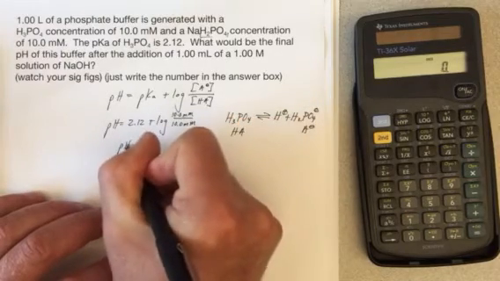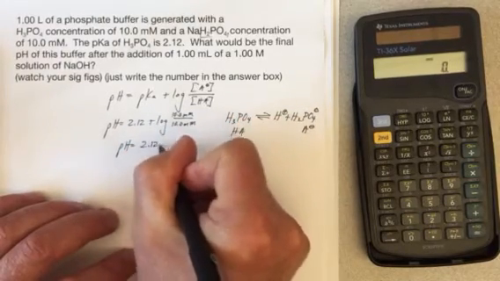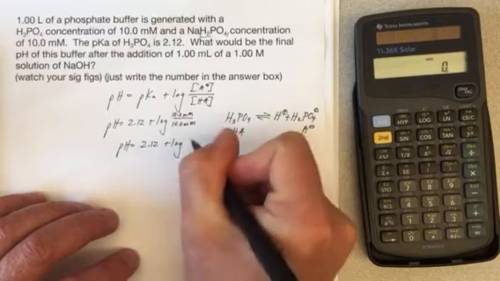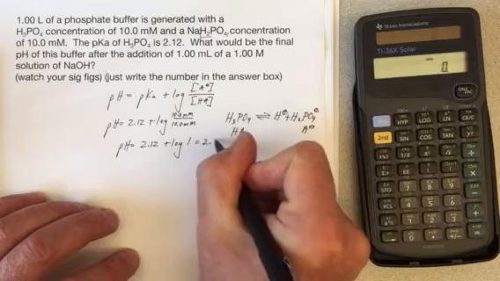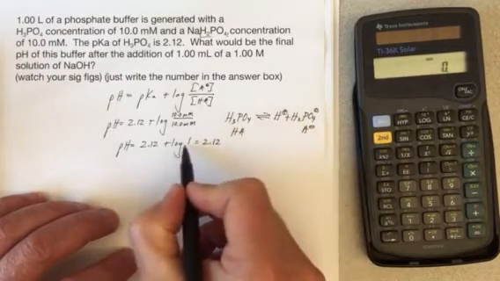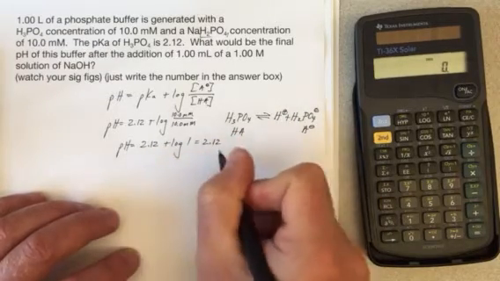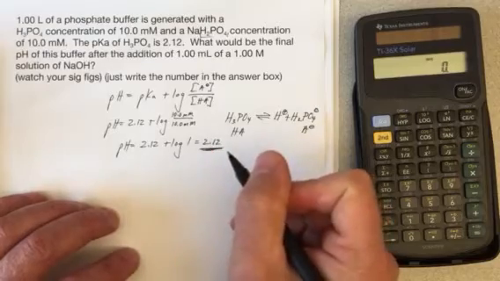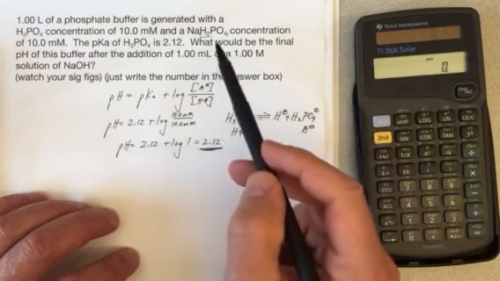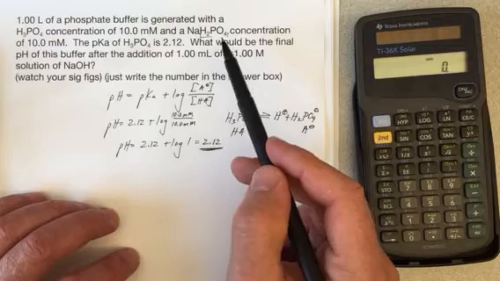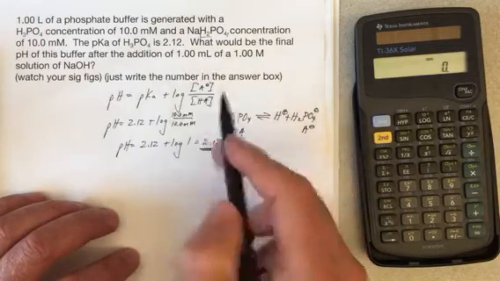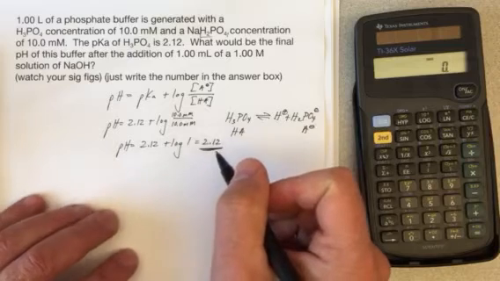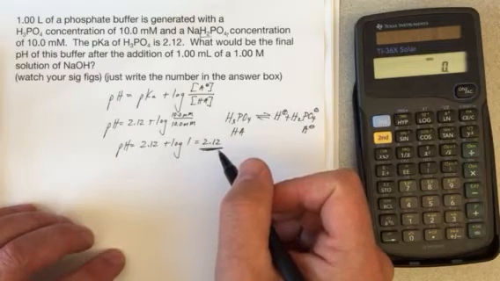And so, since this is an equal buffer, the pH of that buffer is equal to the pKa. Log of 1 is 0, so the pH equals 2.12. Well, I don't really need to know that, to be honest, to do this question, but a lot of times it is nice to know what the pH of your original buffer is.